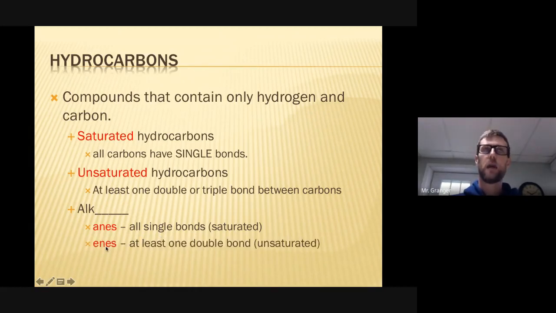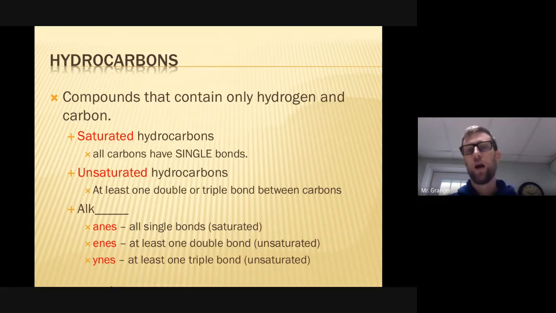You might have a double bond, like we saw in the C2H2Br2, which has an ene ending, indicating a double bond. These would be alkenes, which are unsaturated hydrocarbons. And then lastly, you might have a yne ending, called an alkyne. The yne ending denotes a triple bond, which is also considered unsaturated.